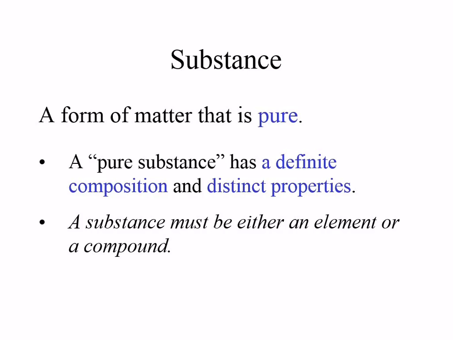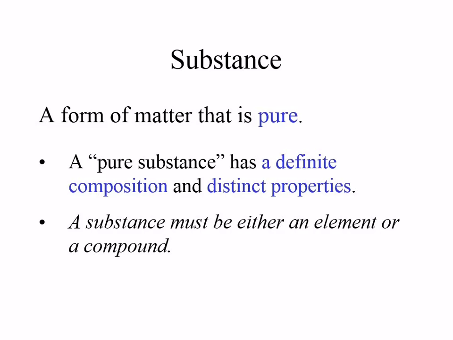If somebody says, I have a cup of liquid here and it's water, you know you've got H2O repeating units. So it has a definite composition. And we're going to talk about what properties are, but it always behaves the same way, with the same properties.